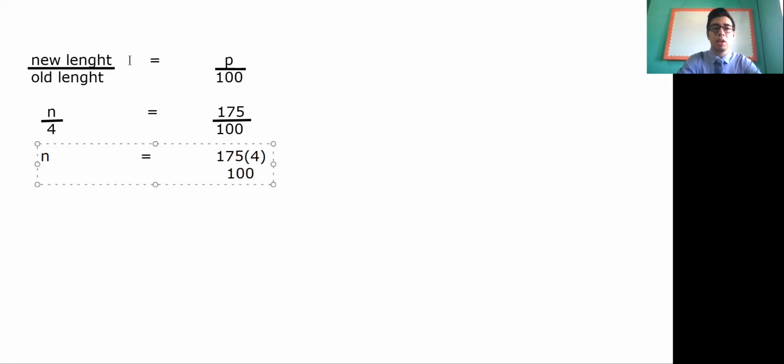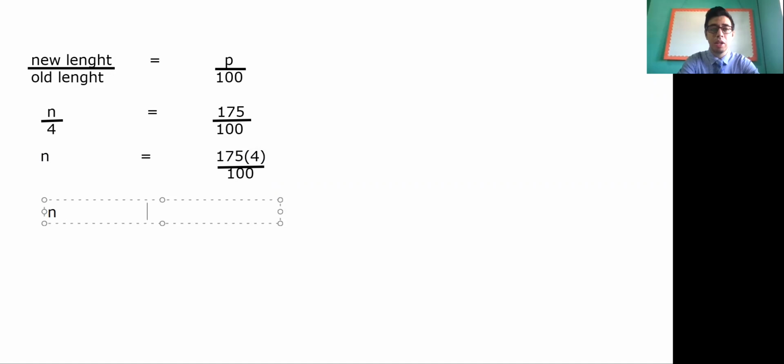So what is the answer when I multiply this and divide by 100? What is the number I obtain when I multiply 175 by 4 and I divide it by 100? Okay, and the new length is going to be 7. N is the new length and it's going to be equal to 7.